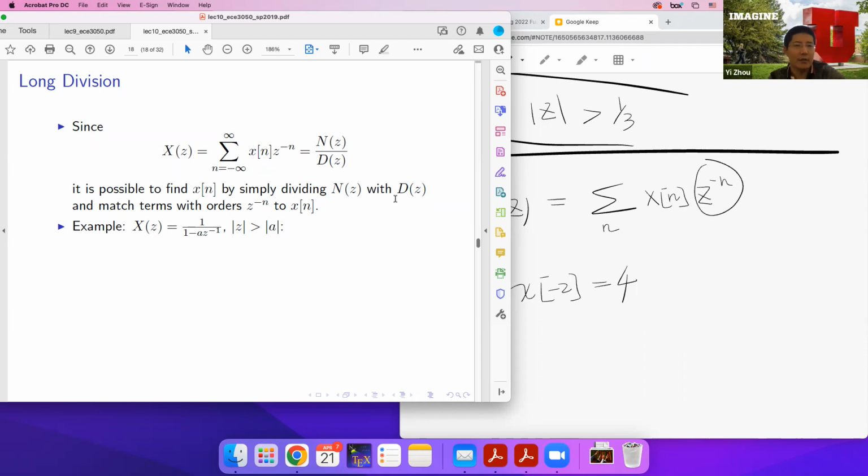Okay, again, the idea is to try to express the given Z transform as this power series, and then you just compare their coefficients one by one. But we don't use this quite often in the homeworks. So I'll skip it.